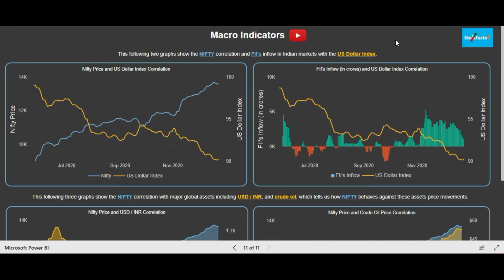So friends, before I start the description of this page, let me give you a brief background. Friends, in line with the objectives of our Stocks Factor dashboard, to provide you pure data insights, we try to bring the best indicators which would really help you in taking effective trading or investment decisions.